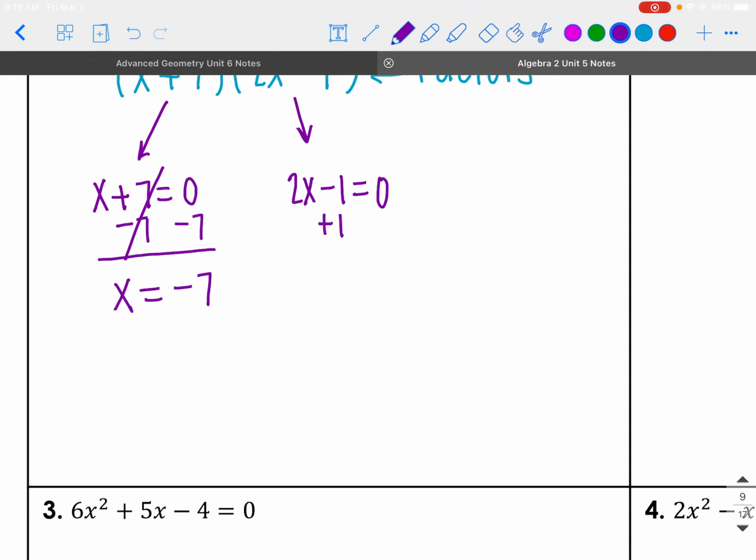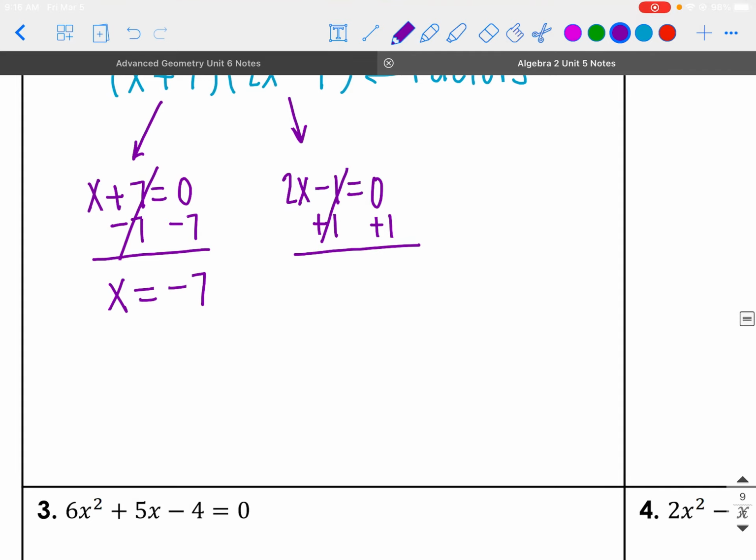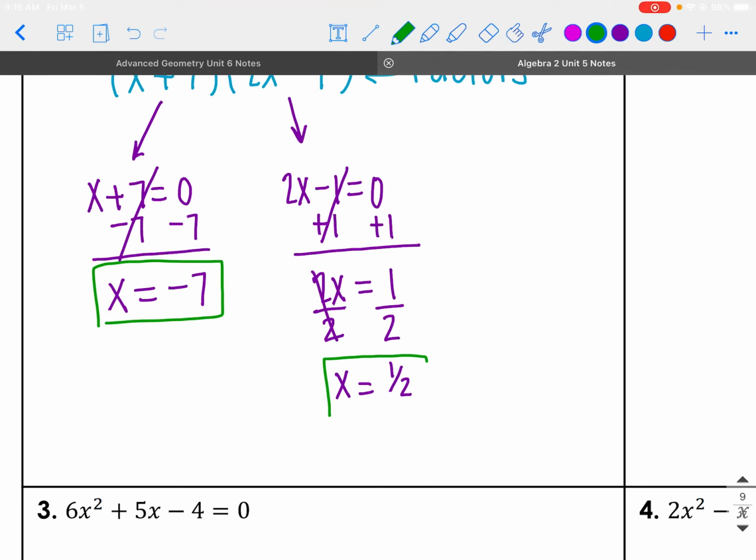The other one, if we add 1 to both sides, the 1's cancel, 2x equals 1, and then we divide by 2 to get x equals 1/2. This tells me that I have x-intercepts at -7 and 1/2.